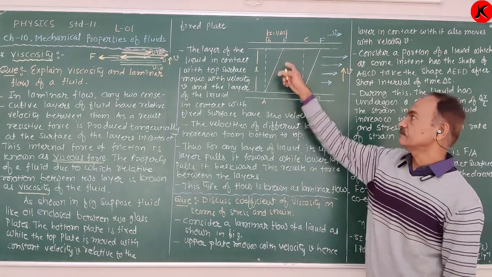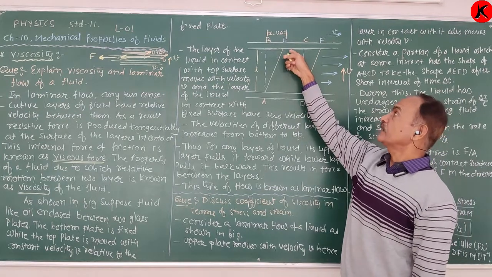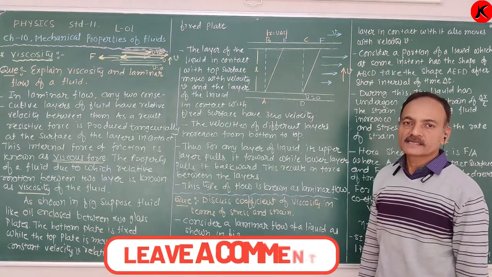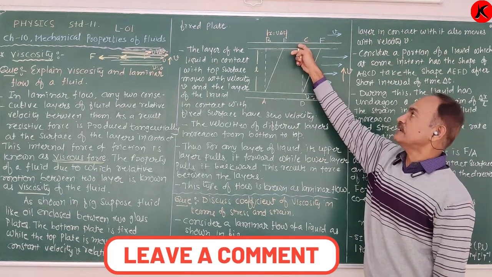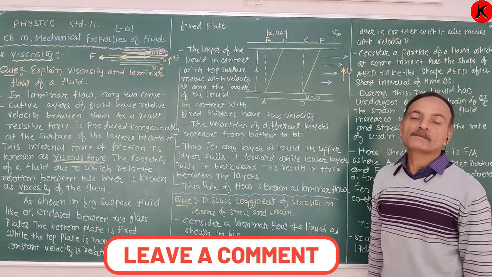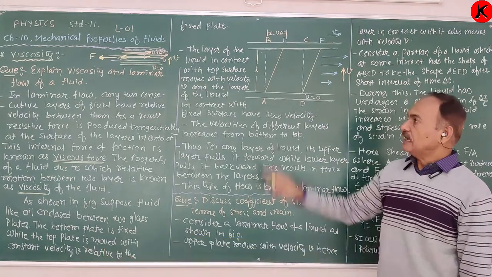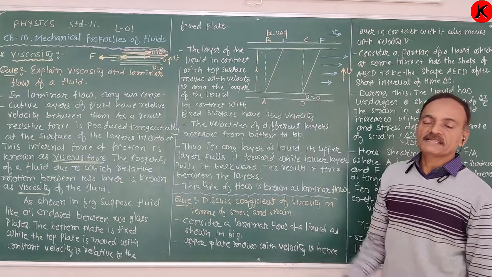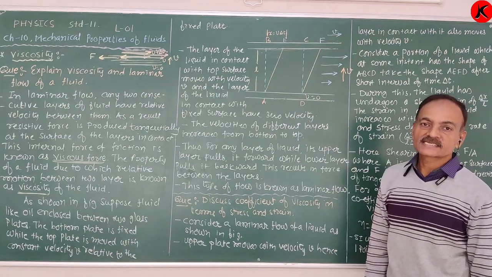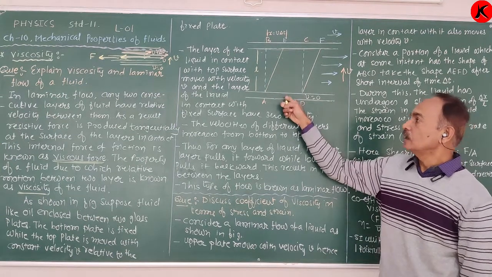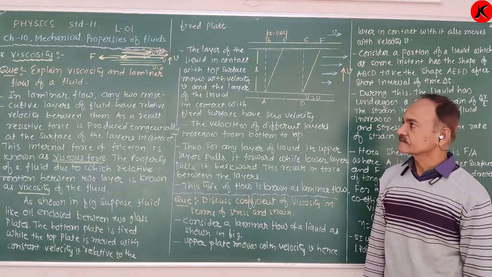So as a result, the layer in contact with the upper plate also moves with the same velocity as the upper glass plate, while the layer in contact with the bottom plate is stationary because the lower plate is fixed.